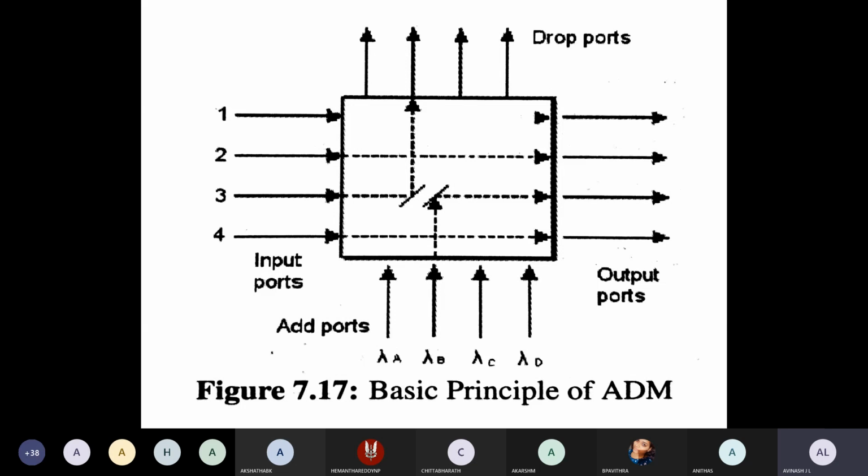Multiplexer means many signals will be combined and sent to the channel. This is the basic principle. So please take this diagram, and if they ask you to explain the basic principle of ADM, you must be able to write this diagram and the explanation.